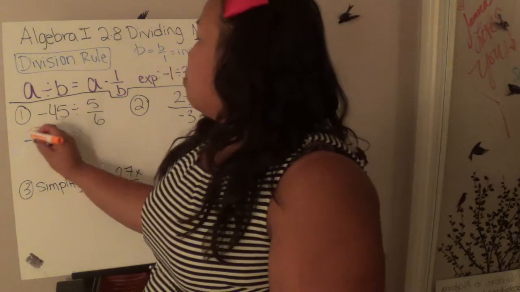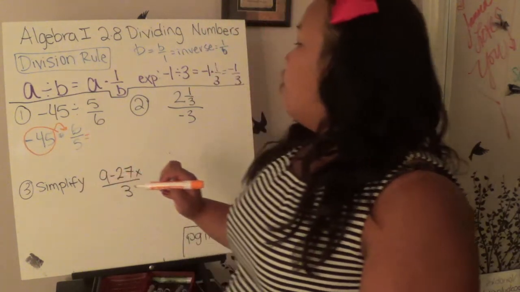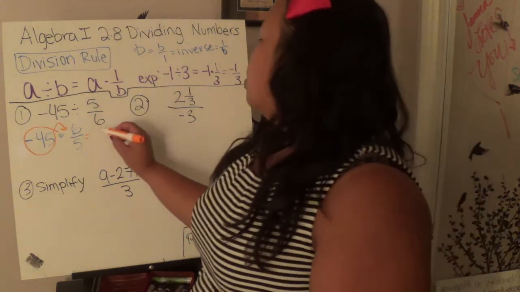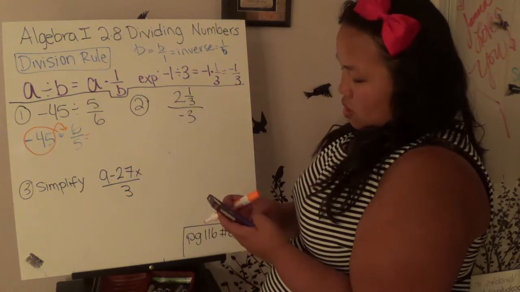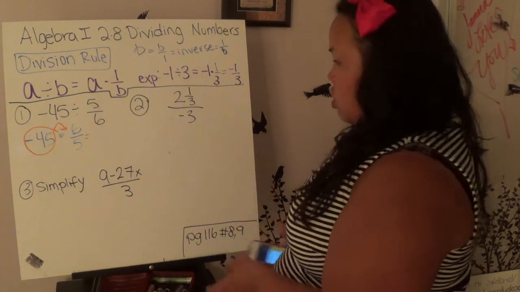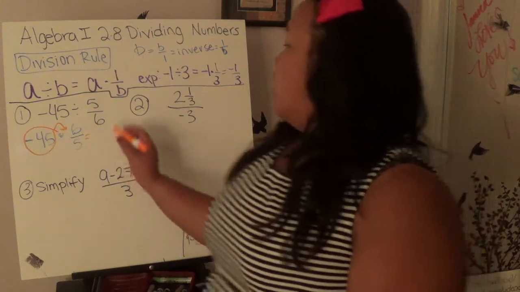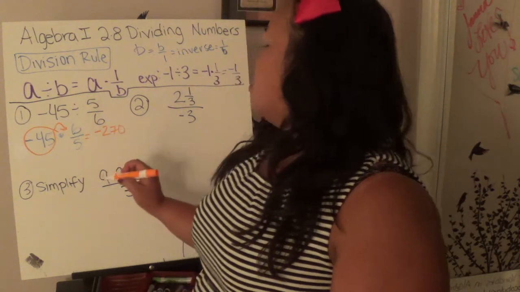I take the whole number and I multiply it by the top. So negative 45 times 6 should be 270, I believe. Yes, 270. So this would be negative 270, right?